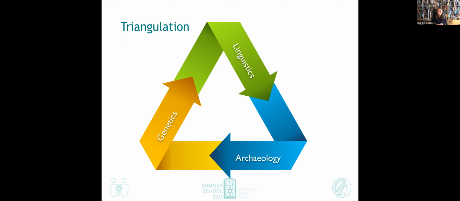And then aligning these different lines of evidence, mapping them on each other, we can point out discrepancies and correlations between the evidence.